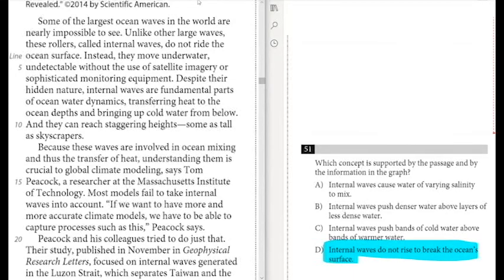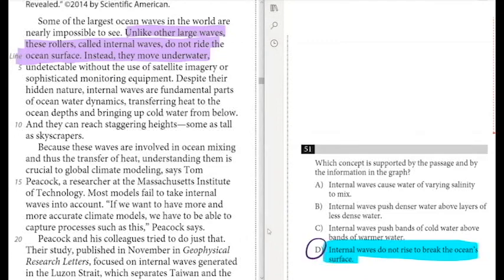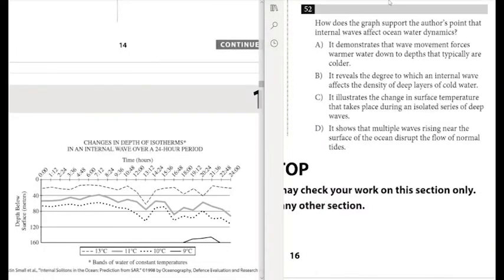Now, where do we see that in the passage? We see it right toward the beginning of the passage. Unlike other large waves, these rollers, called internal waves, do not ride the ocean's surface. Instead, they move underwater. So the graph and the passage on lines 2 through 4 both confirm answer choice D for number 51.